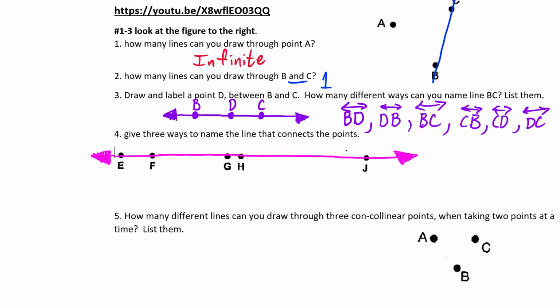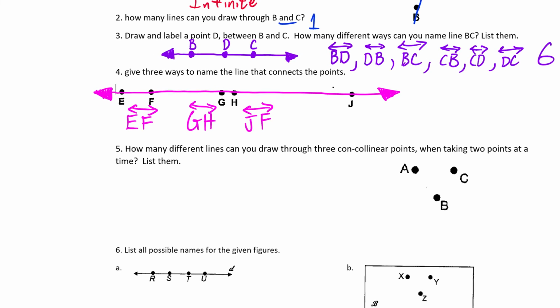Just pick out 2 points on there. Okay, EF, that's good. Okay, GH. Okay, JF. That's good. All right, and like I said, there's a bunch of different ways to do that, so that's good.